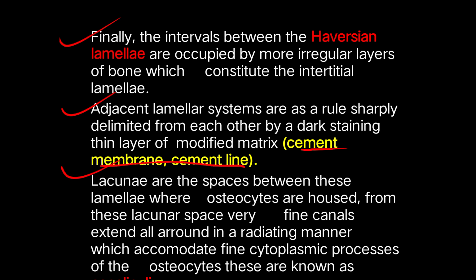And lacunae are the spaces between these lamellae where osteocytes are housed. From these lacunar spaces, very fine canals extend all around in a radiating manner, which accommodate fine cytoplasmic processes of the osteocyte, and these are known as canaliculi.